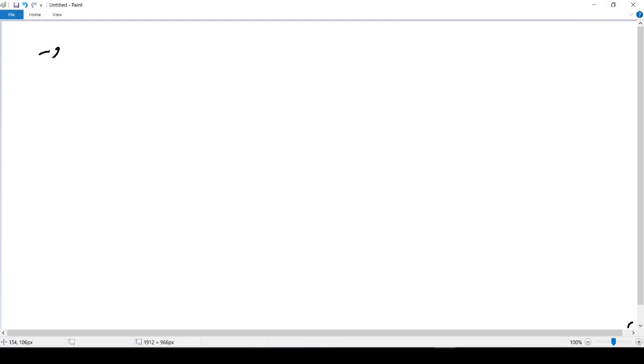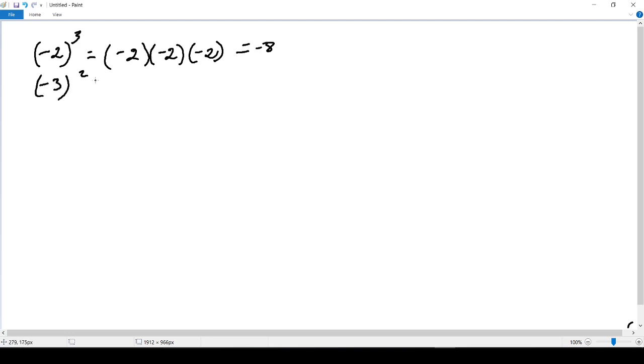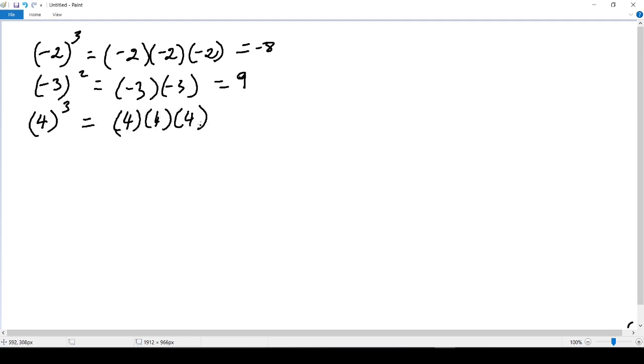So negative 2 to the third will give us negative 2 times negative 2 times negative 2, which is equal to negative 8. Negative 3 squared will give us negative 3 times negative 3 equal to 9. 4 cubed will give us 4 times 4 times 4 equal to 64.